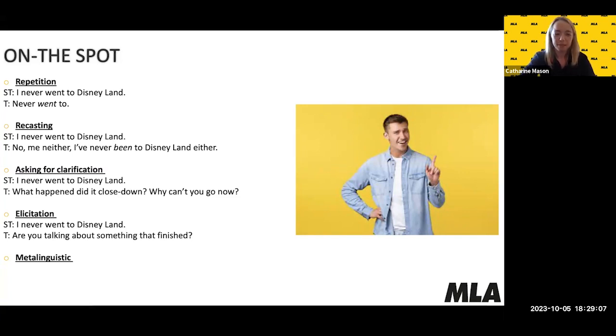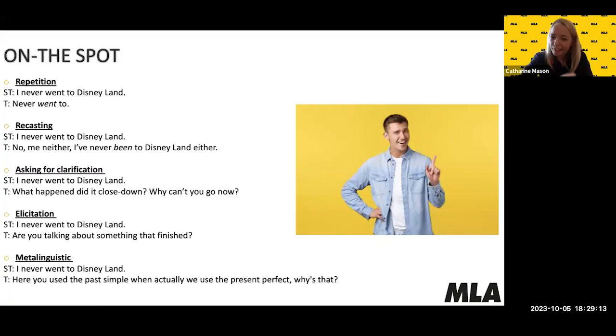Or the metalinguistic route. "I never went to Disneyland." "Now, here, Josh, you used the past simple, when actually we should use the present perfect. Why is that?" And here we're talking again about the grammar and reminding them about when to use these different grammar structures.